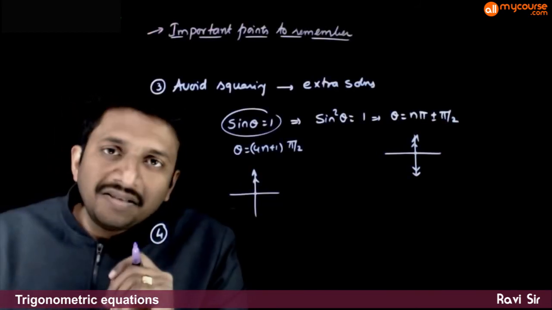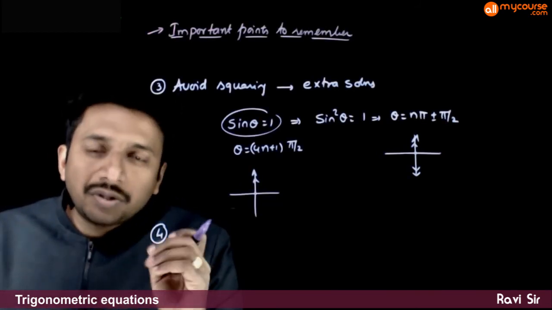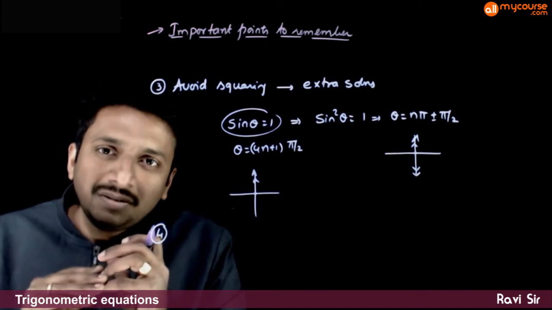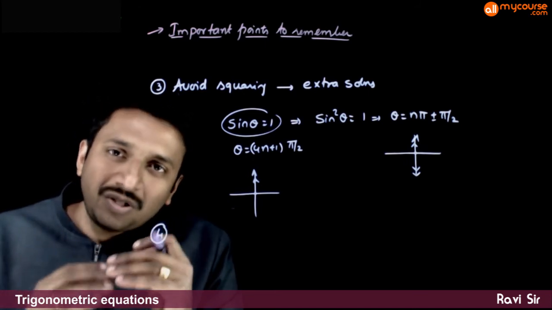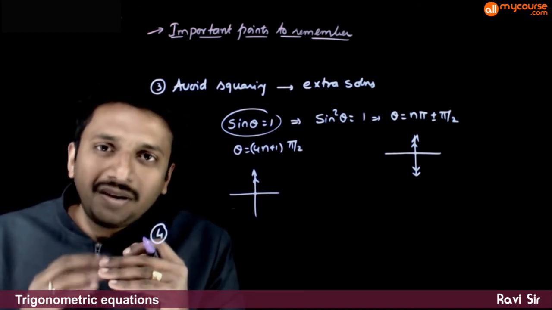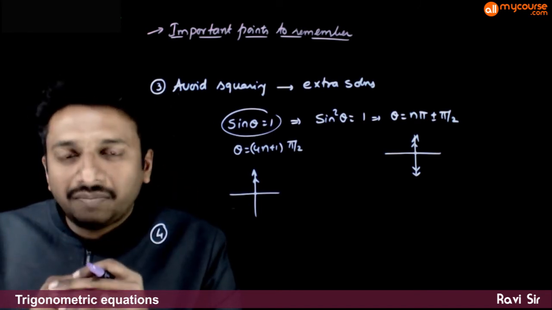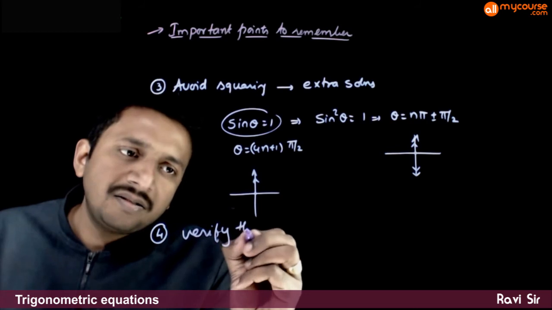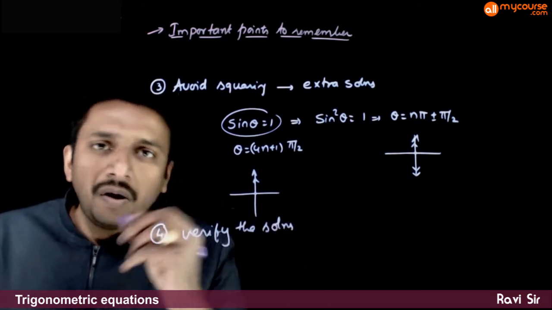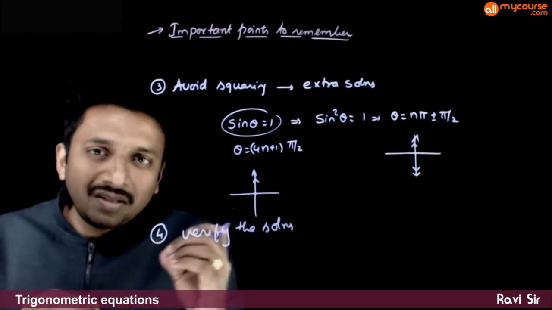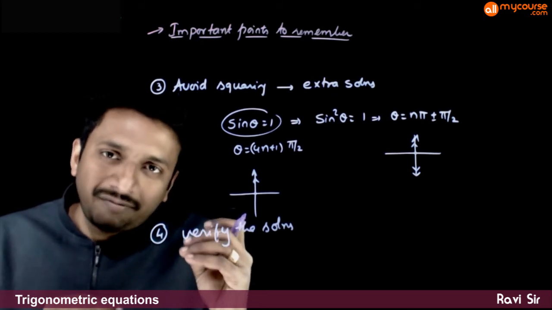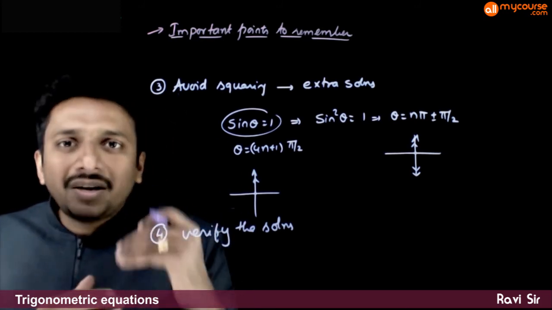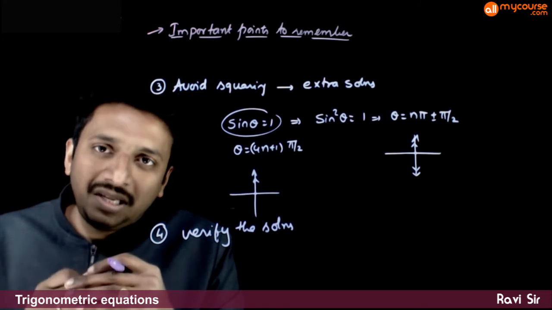So the next point is, once you get the solutions in a trigonometric equation, it's always a good practice to check whether they're satisfying the original equation or not. So verify the solutions, because sometimes the solution which you get finally might not satisfy the original equation.